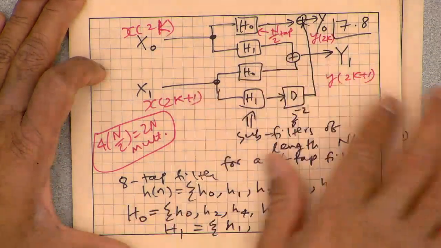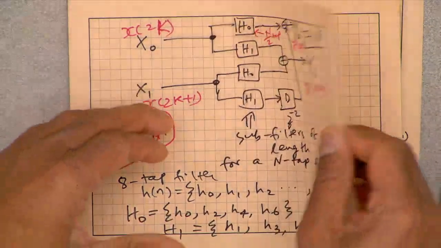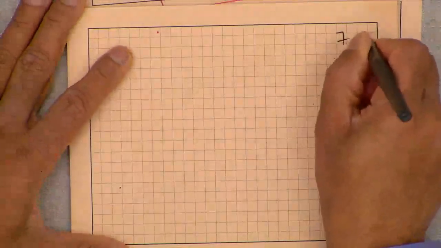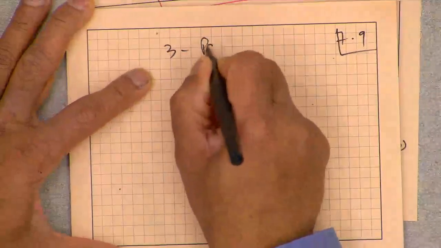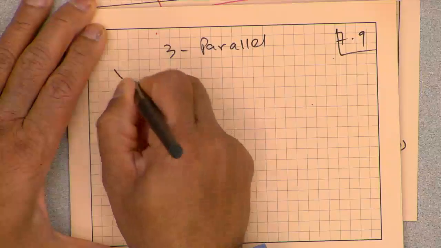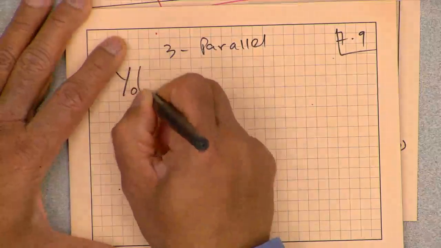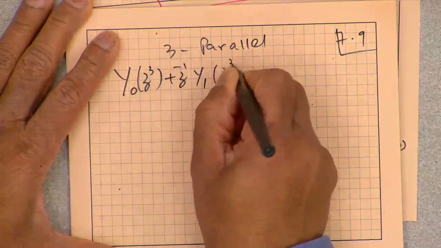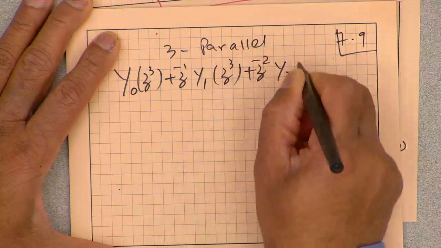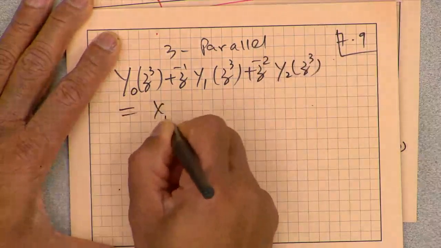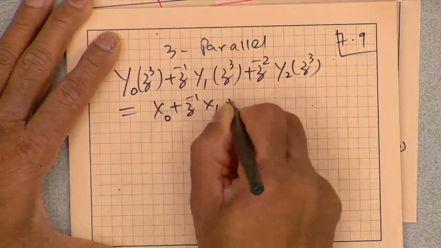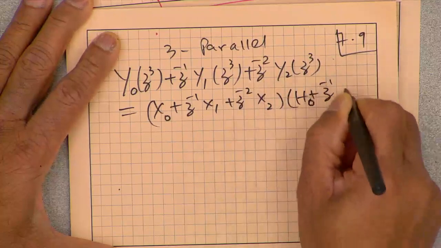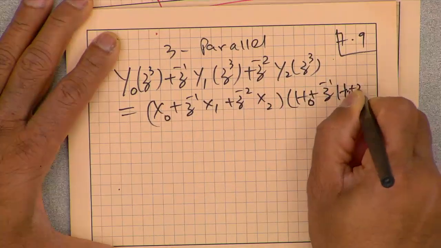I may leave it for you to work at home, but for a 3 parallel filter, if I write y0 z cube, I will skip this z cube, plus z to power minus 1 y1 z cube plus z to power minus 2 y2 z cube is equal to x0 plus z to power minus 1 x1 plus z to power minus 2 x2 times h0 plus z to power minus 1 h1 plus z to power minus 2 h2.